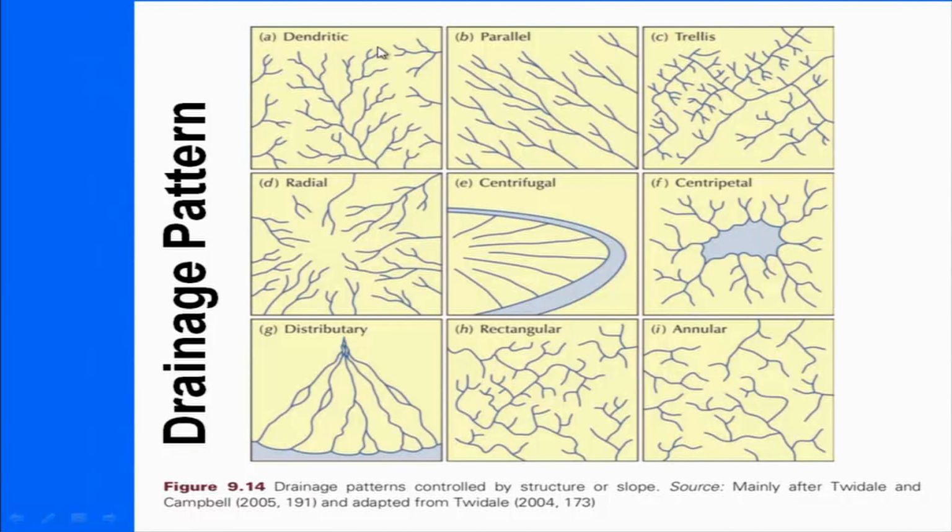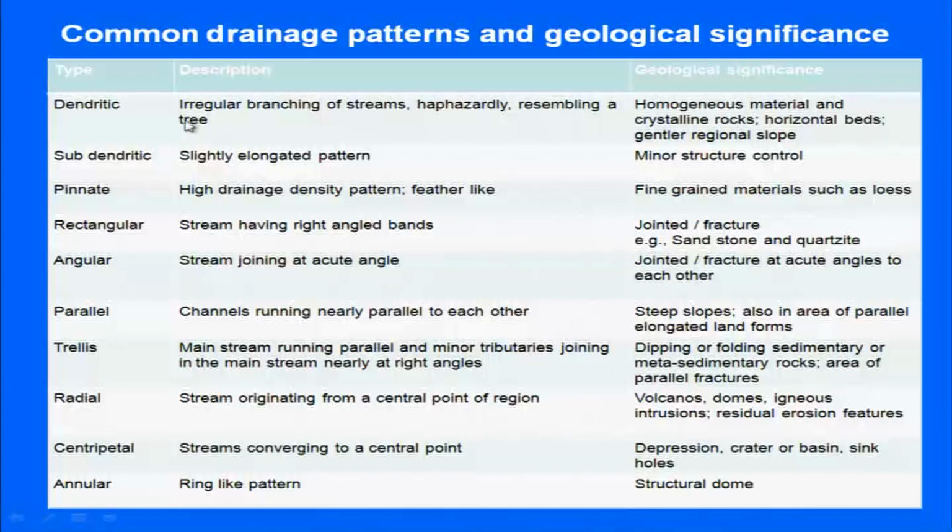You have dendritic, parallel, trellis, radial, centrifugal, centripetal, distributary, rectangular and annular patterns. This list gives the different drainage types and their descriptions.